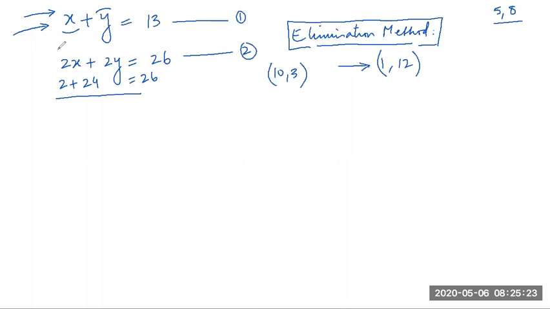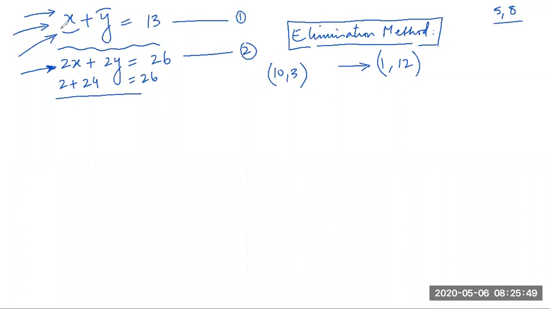Now, can any girl tell me why whatever solution I get for the first equation is also a solution of the second equation? Because the second equation is double of the first, so the equations are dependent and consistent.